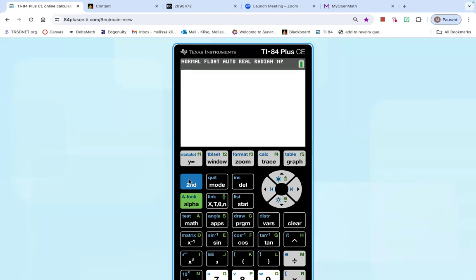So once again, go to second vars, and we're going to go to inverse norm. So we're just working backwards. Most likely, you do not have left, center, right, so yours defaults to left. So I'm just only going to do it with left.